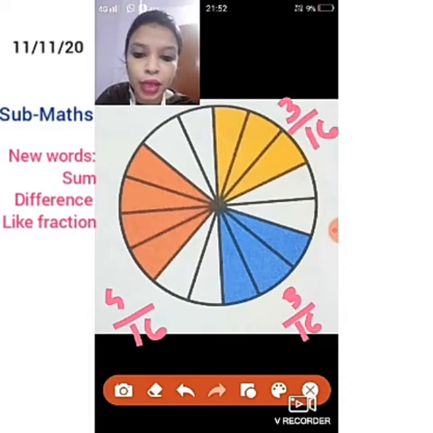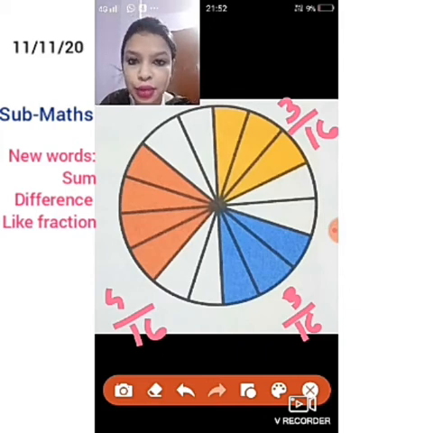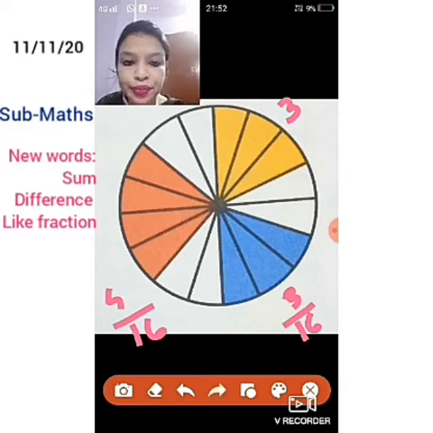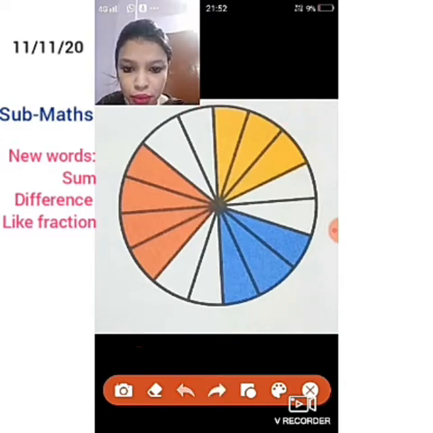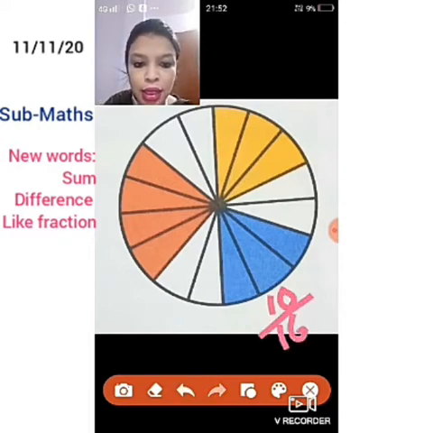Now if I find the total sum of the colored fractions, I will get 4 plus 3 plus 3, because the denominators are the same. So how much will I get? I will get 10 by 16 colored.